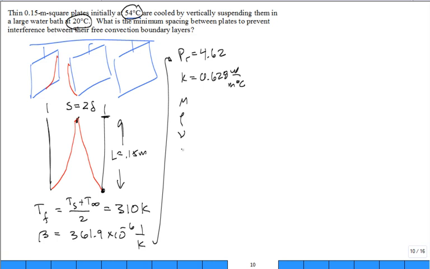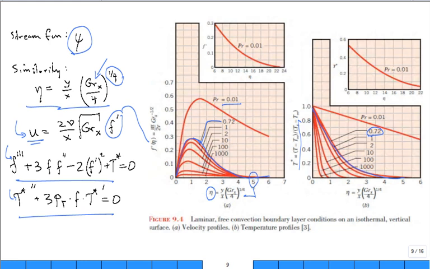Then we say, what I need to find is the thickness of the boundary layer when it's grown up to x over L of 0.15. So I look back here, and I'm saying, okay, I will call that about 5 right here. And so this, as you can see, eta is equal to 5, or 5 is equal to the thickness of the velocity boundary layer, divided by x, times the Grashof as a function of x, divided by 4, to the 1/4 power.